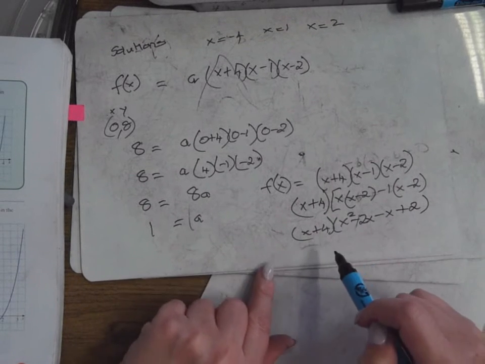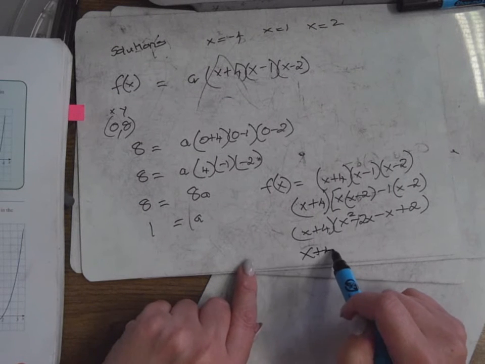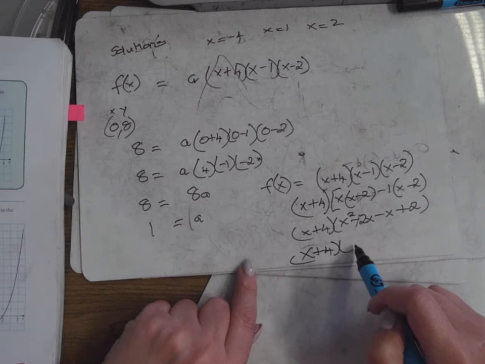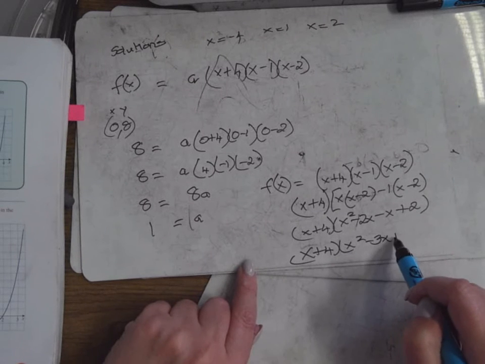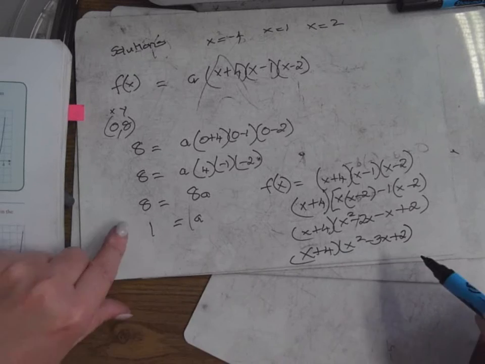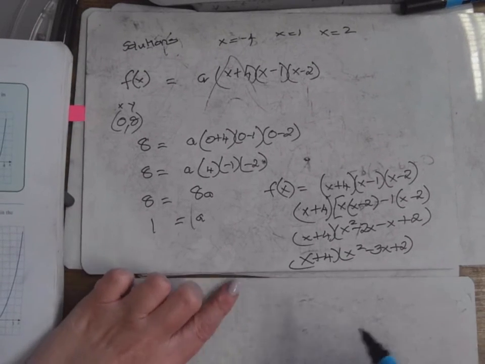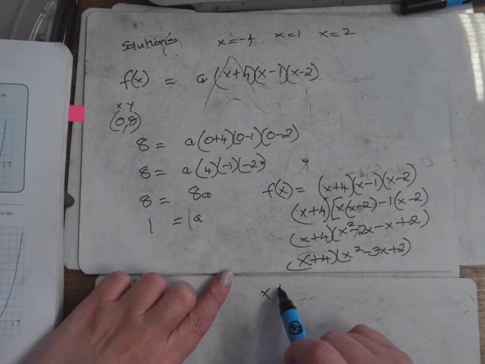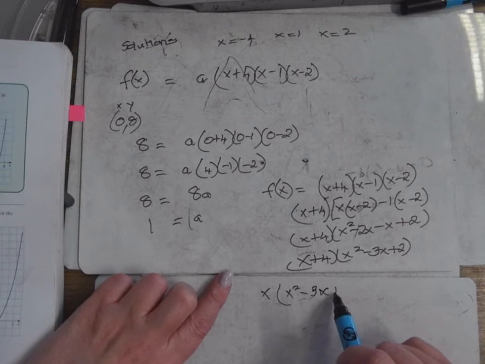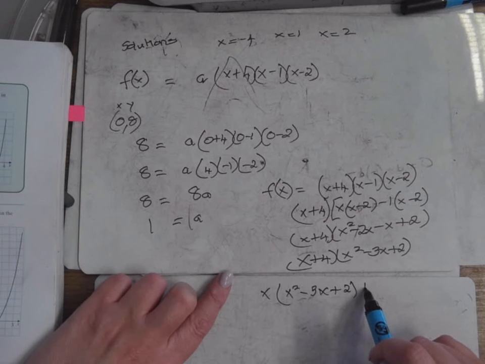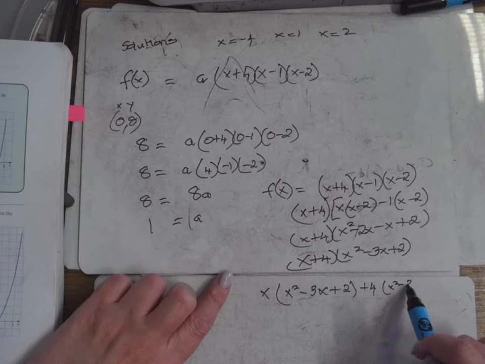Then I can tidy that up, that's x plus 4 multiplied by x squared minus 3x plus 2. And then continue multiplying out. So it's x times x squared minus 3x plus 2, plus 4 times x squared minus 3x plus 2.